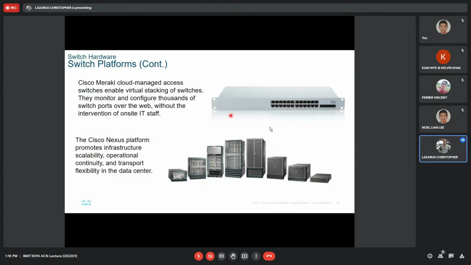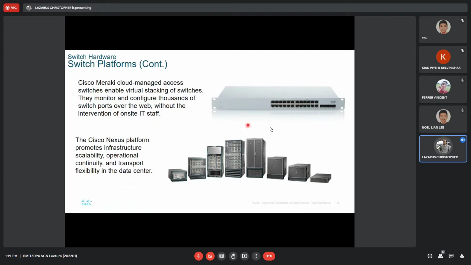Cisco Meraki is used to monitor and configure thousands of switches over the web. Remotely you can view these switches as if they are in the same rack, so you can alleviate the IT staff at the location. Maybe you have one network engineer and the others are just normal IT staff, who are not capable or not allowed to manage the switch itself.